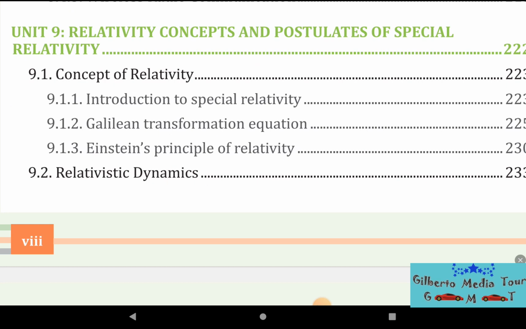So when you say relativity, the relativity concept in special relativity is where we shall try to compare space and light, how space and light are related one to another. What about the relative motion of a body at high speed in space? So where we shall see introduction of special relativity, Galilean transformation equation, Einstein's principle of relativity, and the relativistic dynamics.